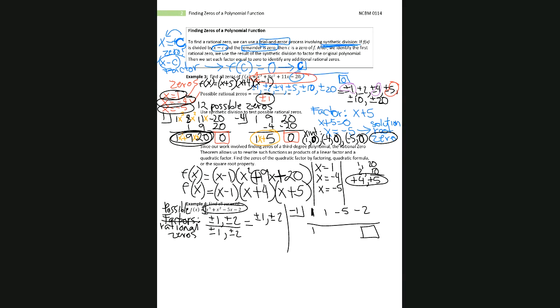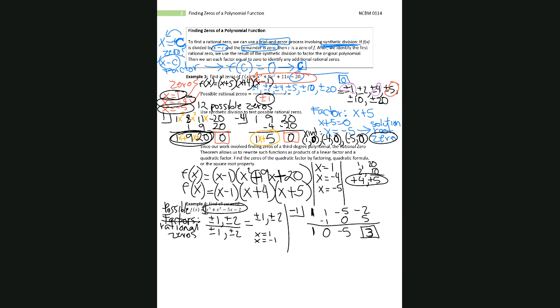Negative 1 times 1 is negative 1. 1 minus 1 is 0, negative 1 times 0 is 0. Negative 5 plus 0 is negative 5. And negative 1 times negative 5 is positive 5. Negative 2 plus 5 is positive 3. So we could say that x equals 1 and x equals negative 1, both of them are not zeros.